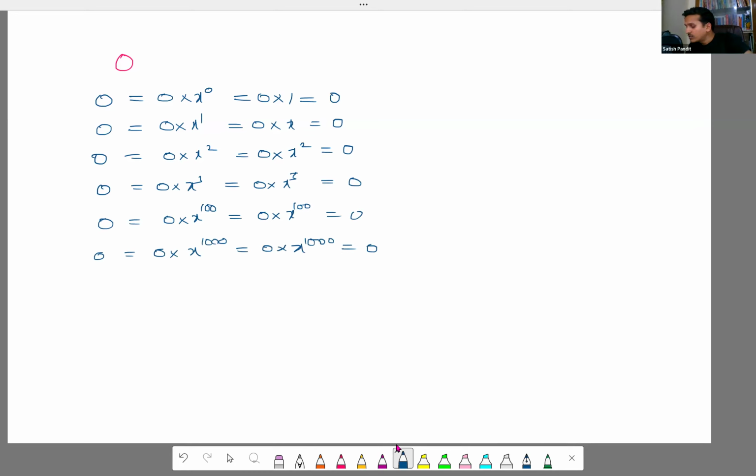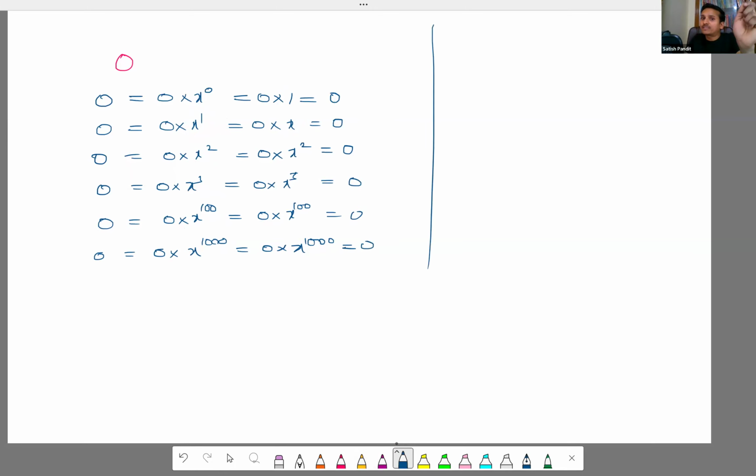That means whenever I have the number 0, whatever be the power of the variable, power 0, 1, 2, 3, 4, 5, power 100, power 1000, power anything, the answer will always come out to be 0.